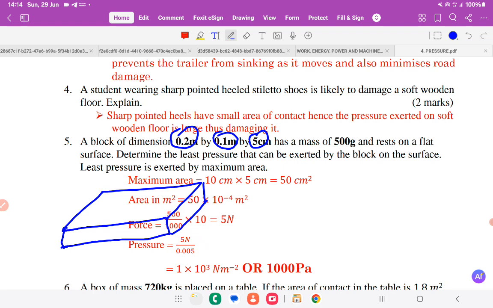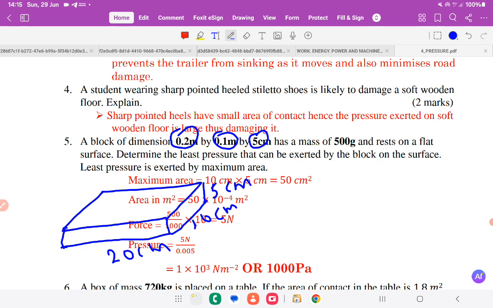We are told that the length is 20 centimeters, the width is 10 centimeters, and the height is 5 centimeters.